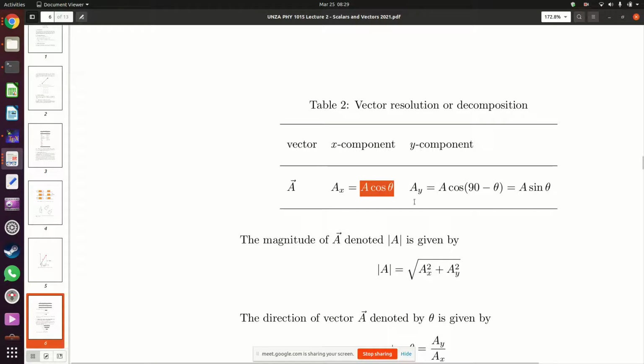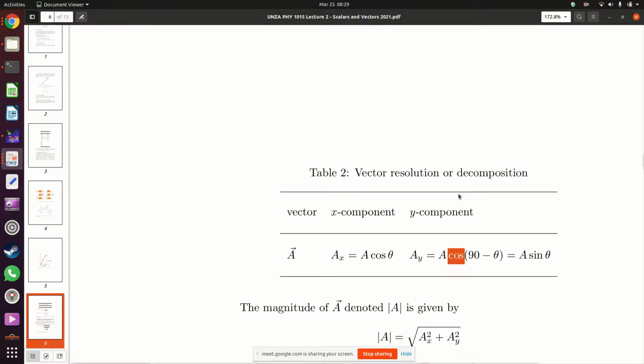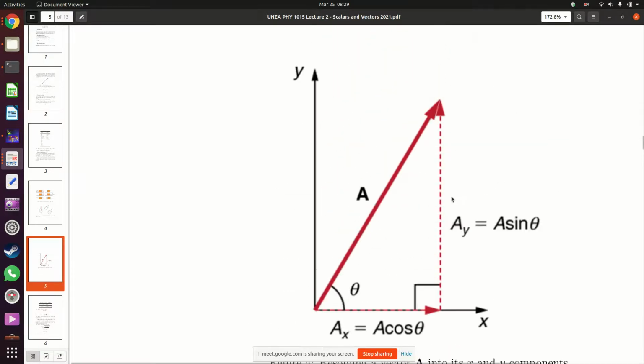Then AY, which is the y component of vector A, is the size of vector A multiplied by the cosine of the angle between the vector and the direction you're interested in. The vector is this one. For the y part, the angle between this vector and the y-axis is this angle, that is 90 minus theta.